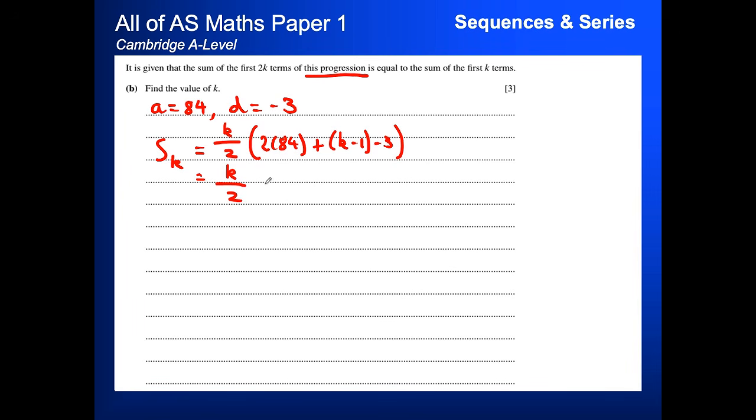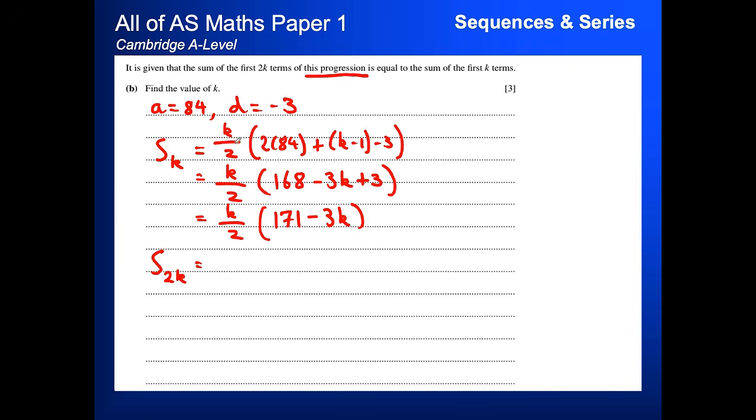So we get k over 2, 2 lots of 84 is 168. Again, we've got a calculator for this. Minus 3k plus 3. And let's simplify this a little bit further. So k over 2, then we get 171 minus 3k.